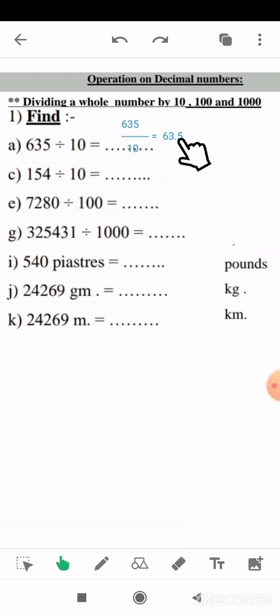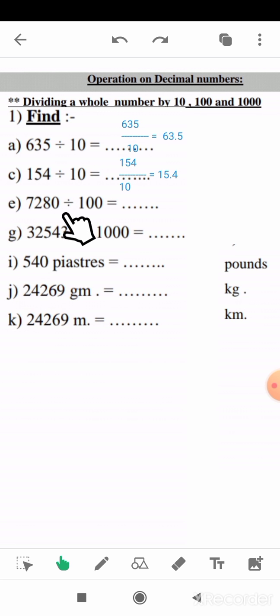So 5 here and a point, and we have 63. Okay, so we'll put it after the point. In this example, we have 154 divided by 10, so we'll make it as a fraction here, and 4 will take 0 and go down, 1 will transfer as a point, so we have 15.